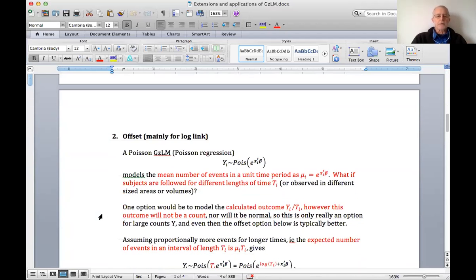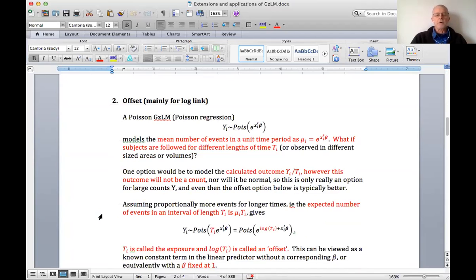There's another idea here called an offset. It can be used for any generalized linear model, but really it's mainly for log-link models. The idea is the Poisson model estimates a count of events per unit time.